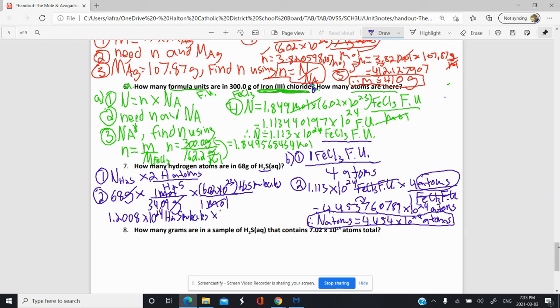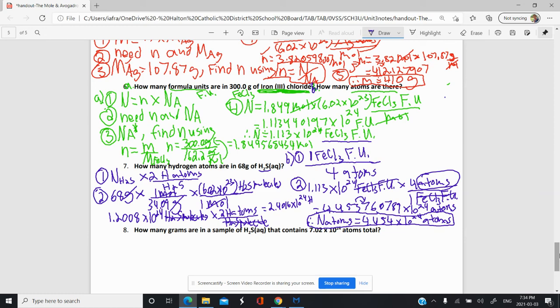Times a conversion factor of 2 H atoms per H2S molecule. And so I can cross out the H2S molecules there. And I get atoms left over. And so I get 2.4016 times 10 to the power of 24 H atoms.